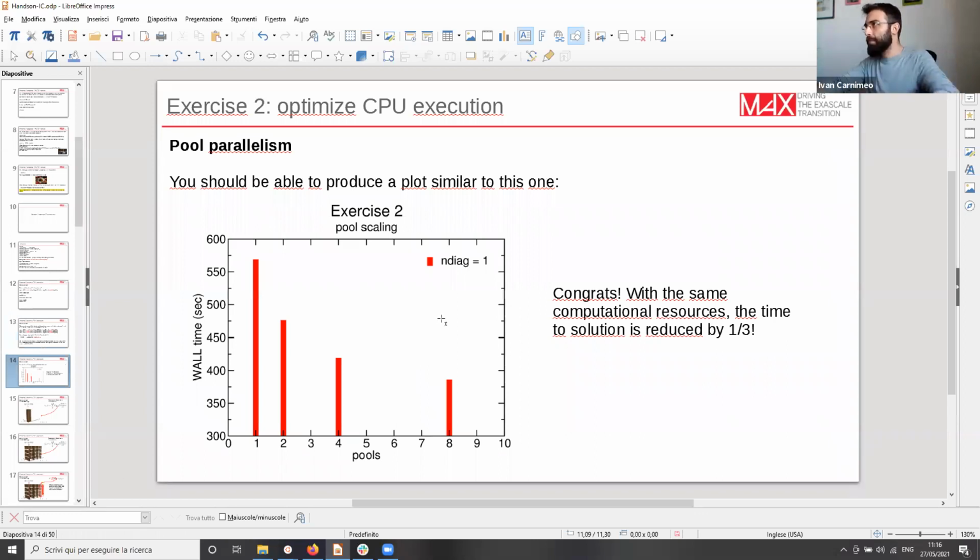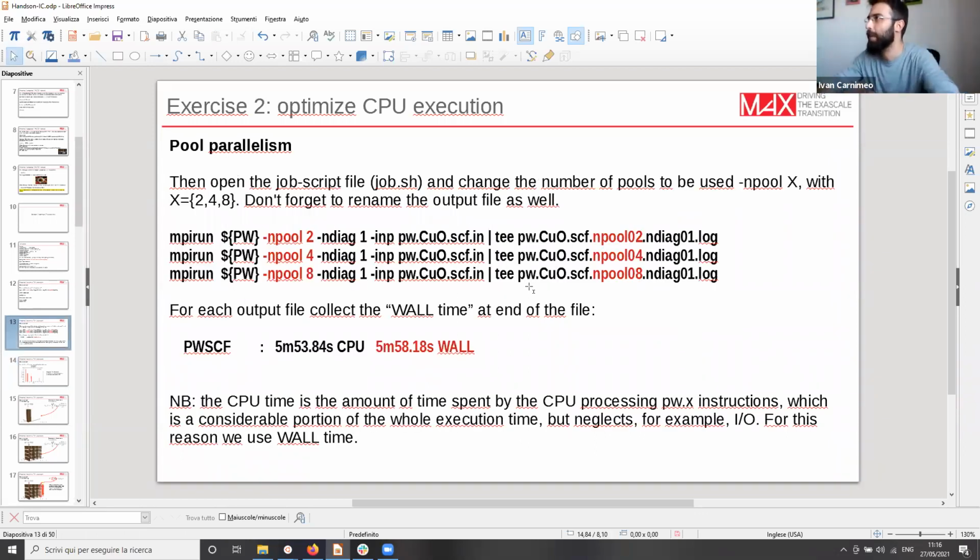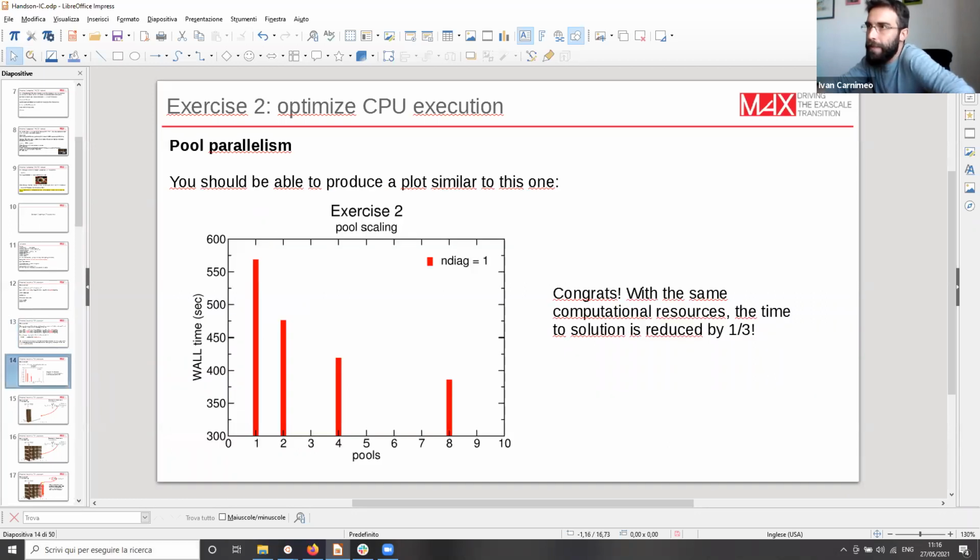Once we are done with these output files, we will see that the computational times will be like this. Increasing the number of pools will result in a reduced computational time.